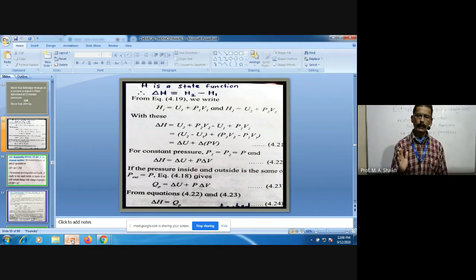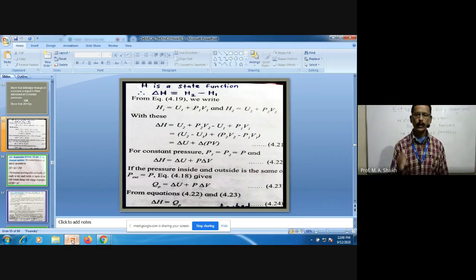Now see carefully for equation number 4.22 and 4.23. For both the equations, right hand side part is same. That is delta U plus P delta V. When right hand side part is same, automatically for both the equations, left hand side parts become equal.